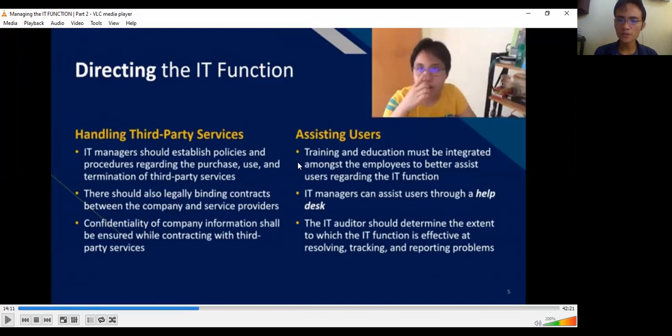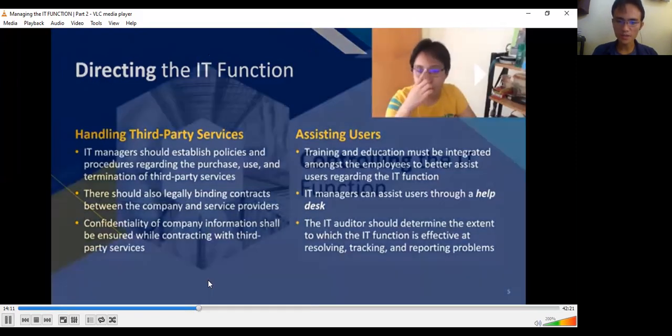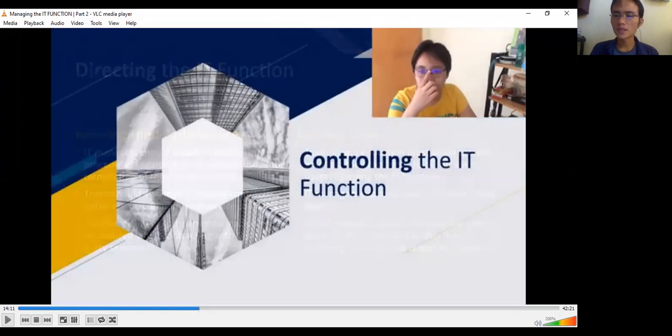And actually, for the discussion of Deloy a while ago involving the help desk, just before the transition to controlling the IT function, Deloy mentioned again about the help desk.